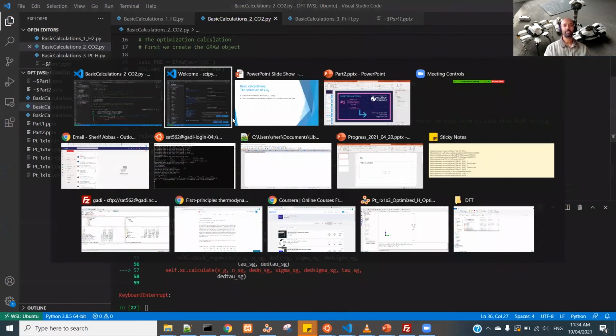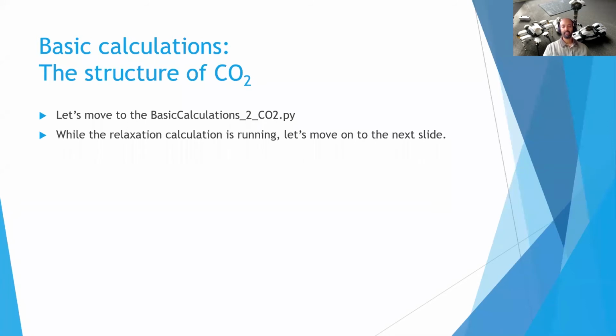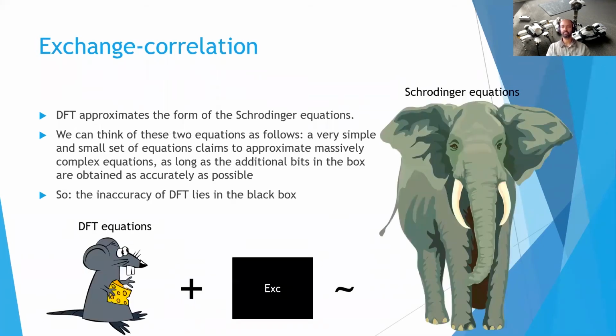Okay, so let's go back now to the PowerPoint. So that's the CO2 structure, mainly the distance between the oxygen and the carbon. They're the same on both sides: oxygen, carbon, carbon, oxygen, it's the same distance anyway. So these are two molecular calculations.